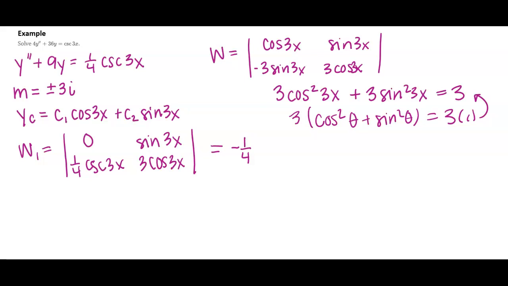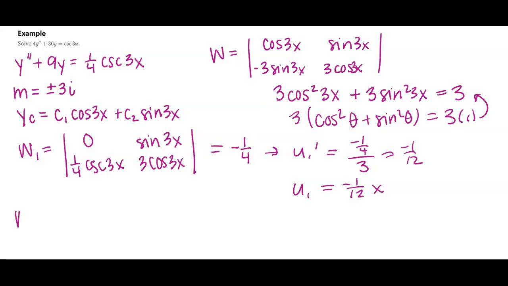So when I do that multiplication, I actually just get negative 1/4 and I'm done. So then u1 prime is Wronskian 1 over my overall Wronskian. And so u1 must be negative 1/12 x.